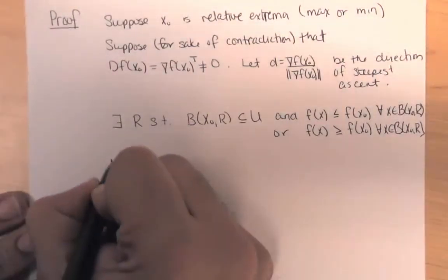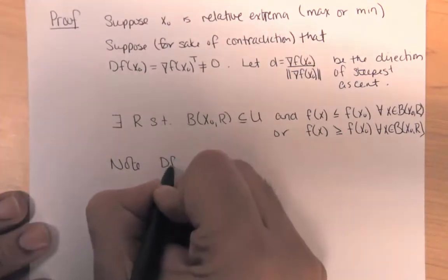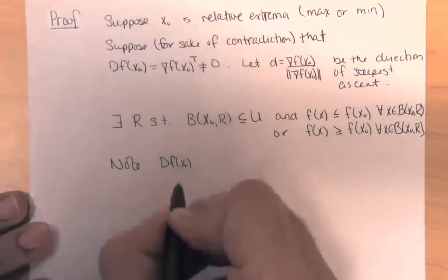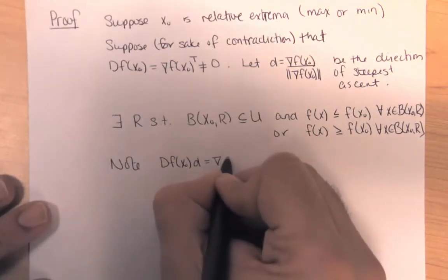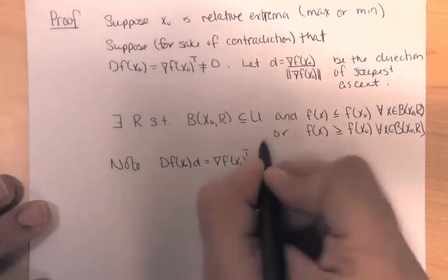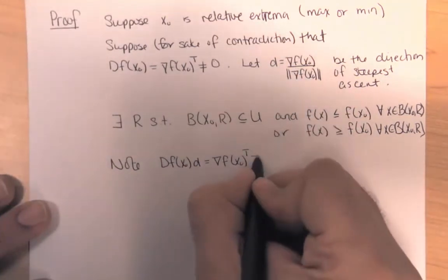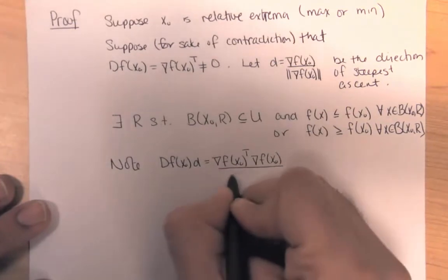Now, note that the derivative of f at x naught times d equals the gradient transpose at x naught times d. Well, d is the gradient of f at x naught divided by the norm.